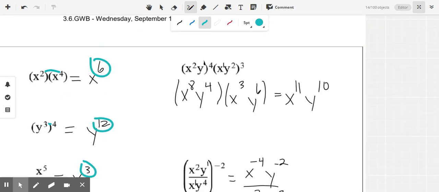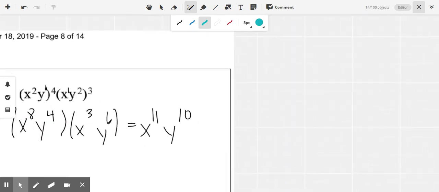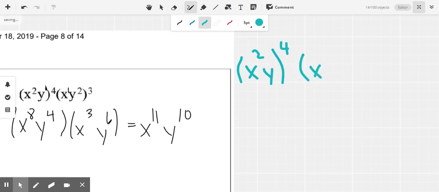Now, let's get into a couple of these that are a little bit more complicated. I'm going to rewrite this one over here. That is x squared y to the 4th power, times x y squared to the 3rd. Now, this one has exponent to exponent, and it's got multiplication in it. So what you've got to do, order of operations says exponents are done before multiplication and division.